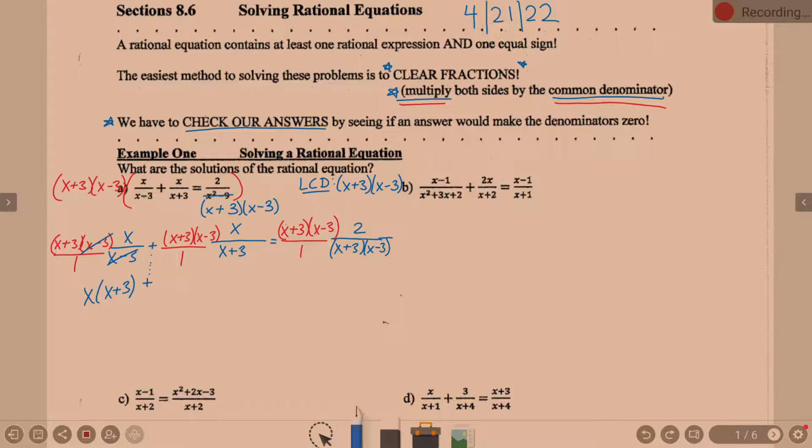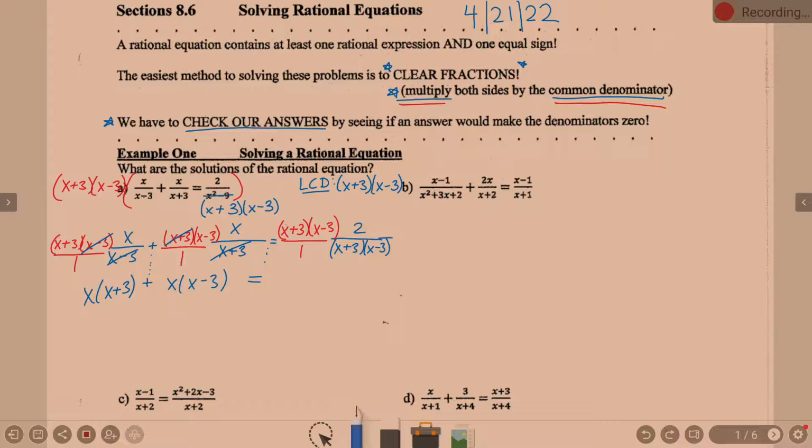Now, I carried down my plus sign, right? What cancels in my second set? Yeah. X plus 3 on bottom cancels with x plus 3 on top. What remains? An x and an x minus 3. I'm going to carry down my equal sign.